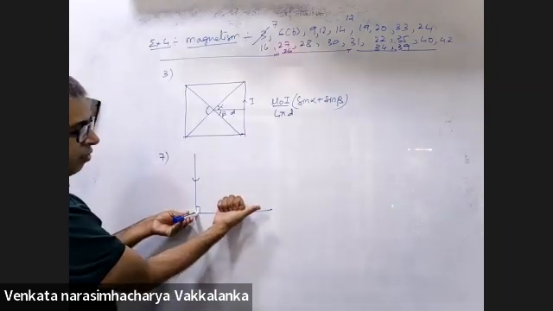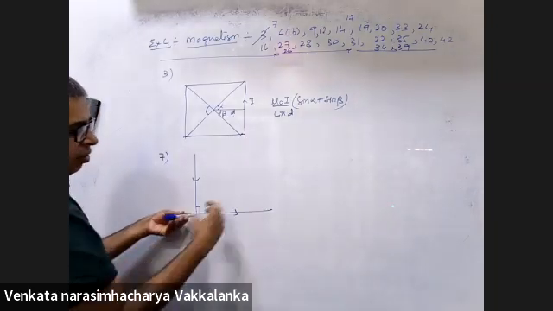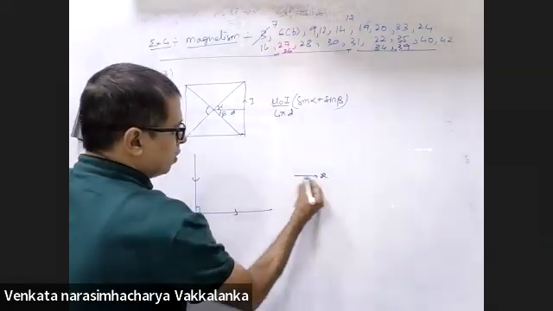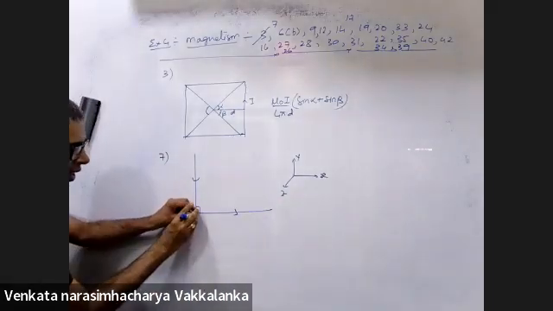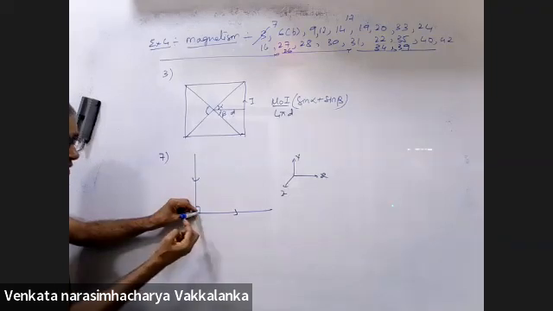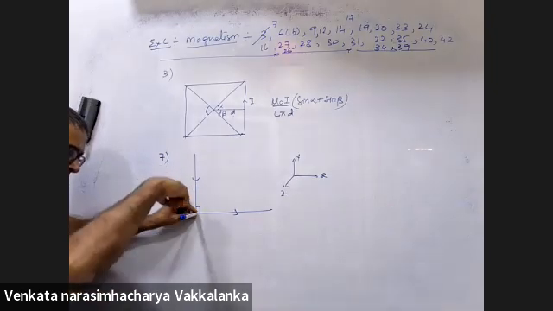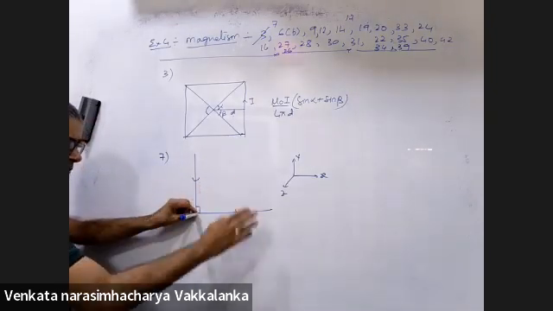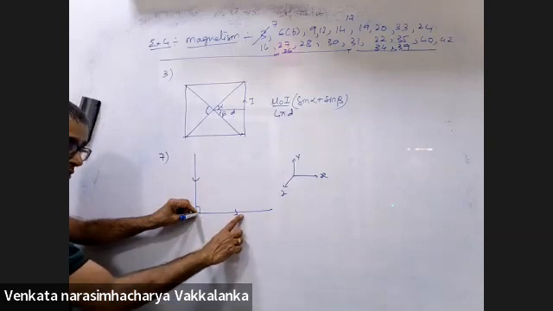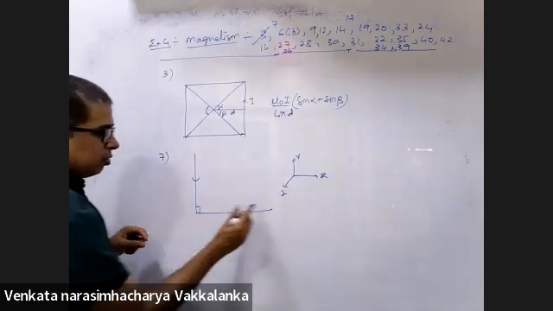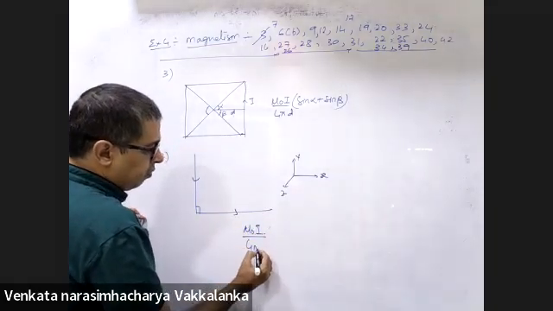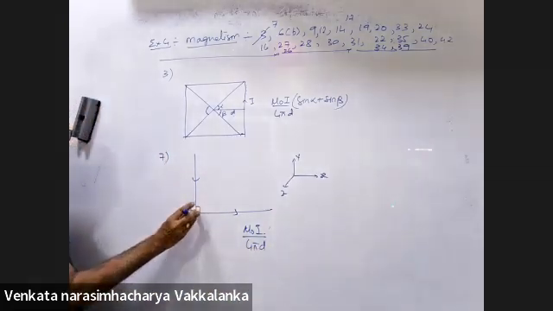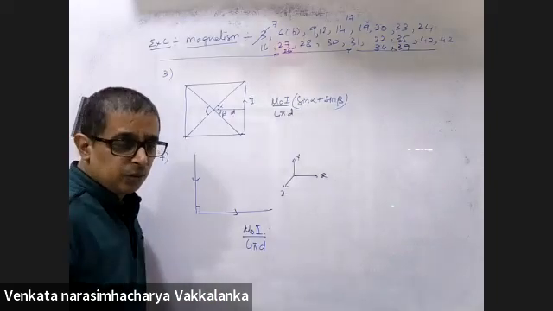Yes, sir. Because of this wire, if I take this to be X, this to be Y, this to be Z, and this 35 centimeters as D, the magnetic field here will be vertically downwards in the plane of the board. Do you agree? Yes, sir. For a semi-infinite wire it will be mu naught I by 4 pi d. D is given as 35 centimeters. Be careful with the units.